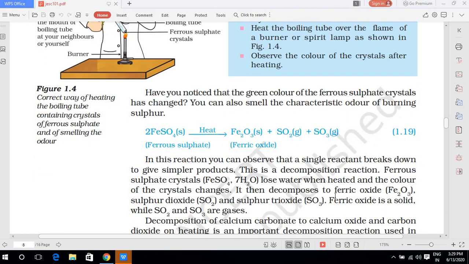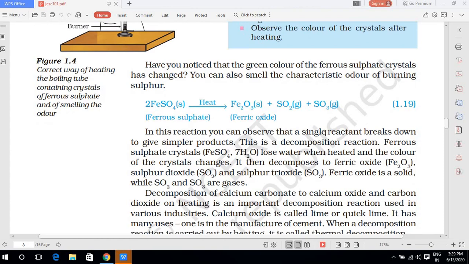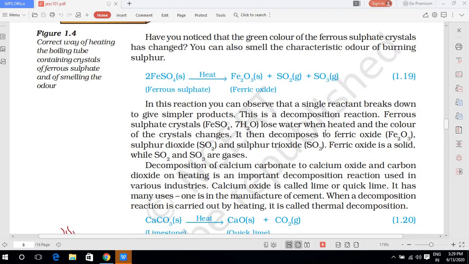When you heat it up, it will decompose to form ferric oxide, sulfur dioxide, and sulfur trioxide. So this kind of reaction is called decomposition reaction.